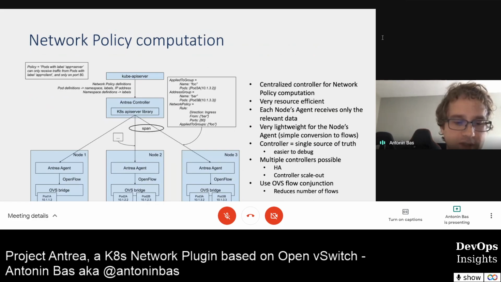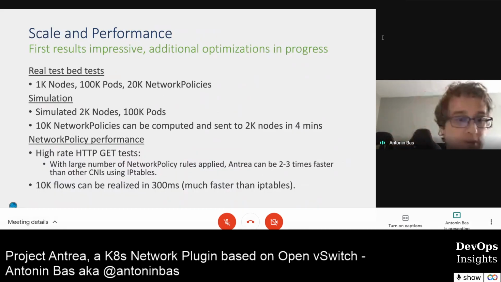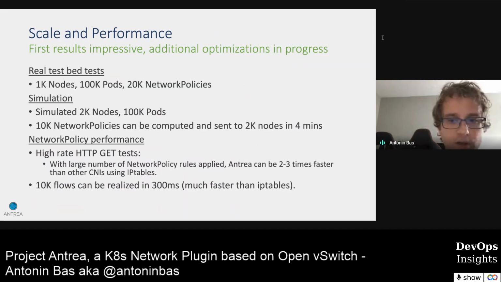Okay, let's skip over these slides because they just show network policy computation. We ran some scale experiments, and the idea of this slide is that Antrea performs very well at scale, as you scale up the number of nodes and the number of pods in your cluster. In terms of network policy implementation, Antrea really shines compared to a CNI plugin that uses iptables, especially when you have a large number of short HTTP connections.